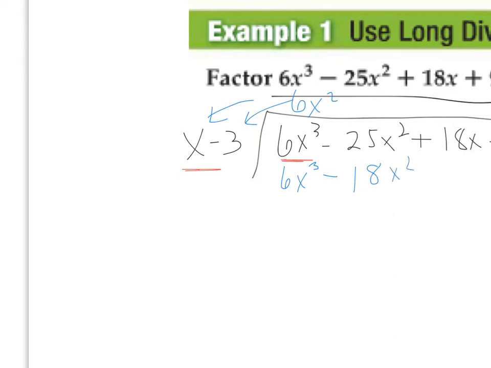And just like we do in regular division, we're going to subtract. And what should happen is your first terms will cancel, and I have negative 25 minus negative 18 is negative 7x squared.